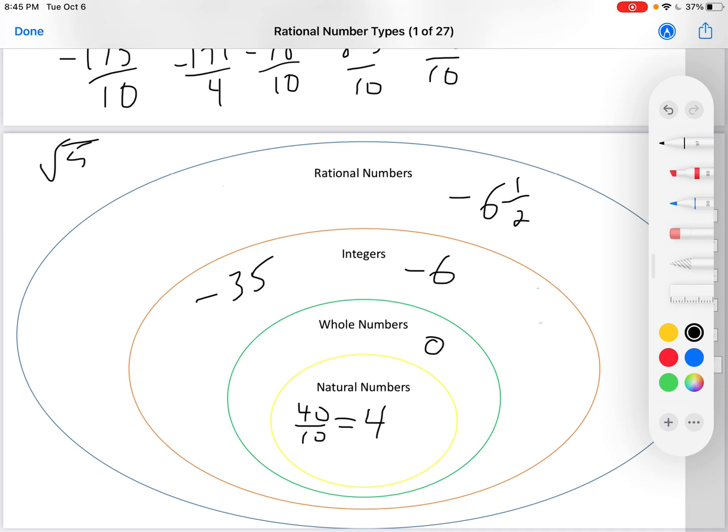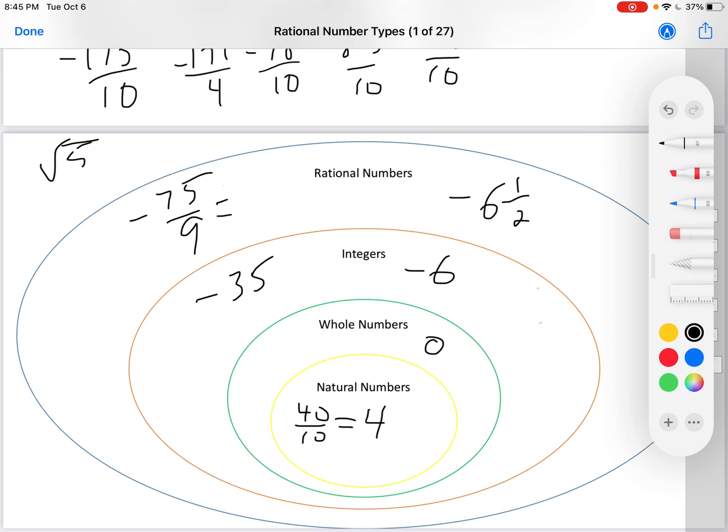All right, let's try another one. Negative 75 ninths. Now, obviously, that's rational because it's a over b. Does it belong in the rational numbers, or should I move it into the integers? Well, 9 goes into 75 8 times, but with 3 left over.